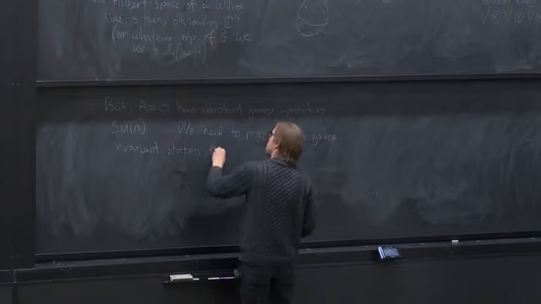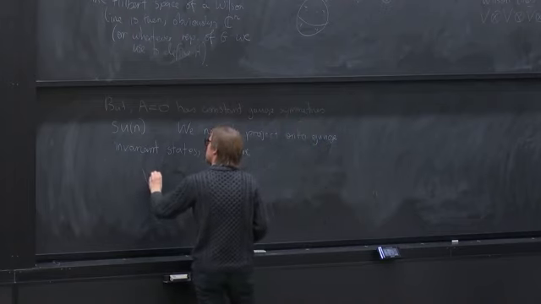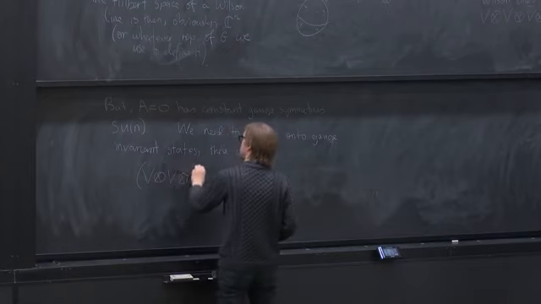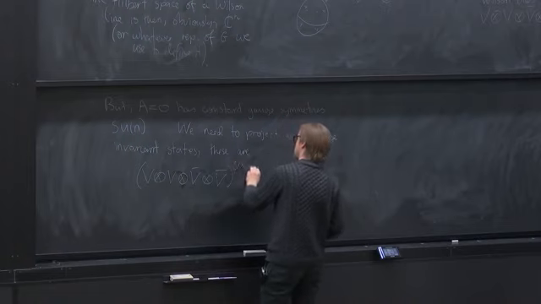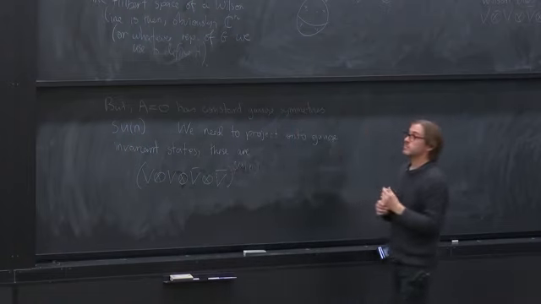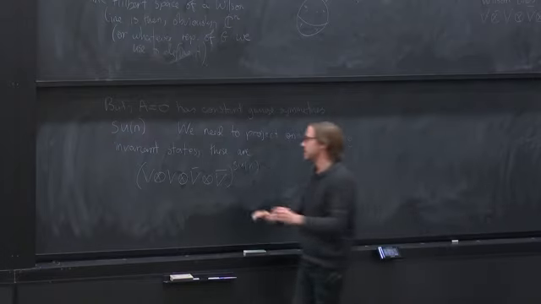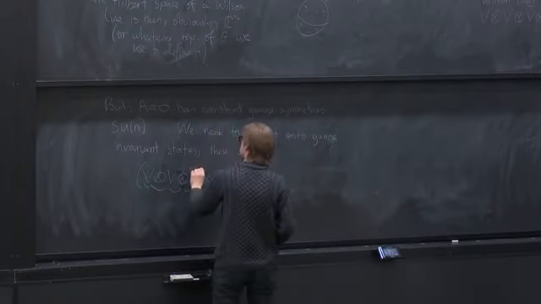So let's ask the question, what are the gauge invariant states? I have here a 4-index tensor. Let's say this is star instead of bar.